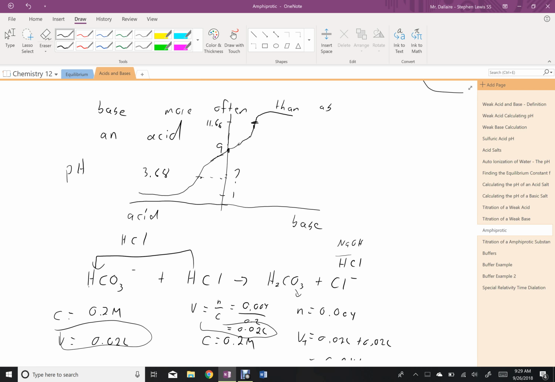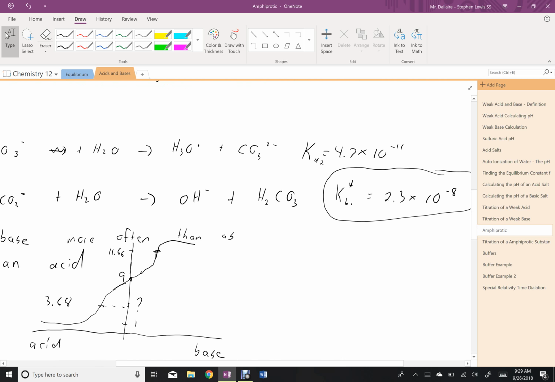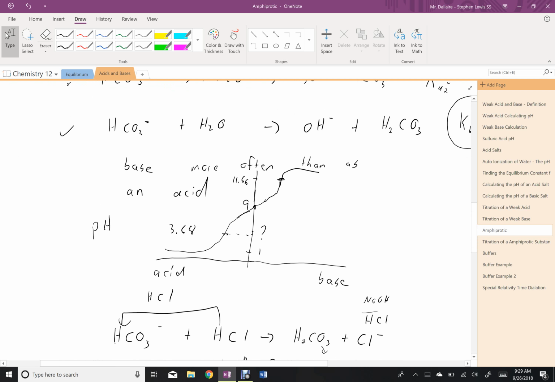What that means then is that because it's more comfortable acting as a base in the first place, it starts as a base. But we can titrate this in either direction. We can titrate it by adding a base, and we get an equivalence point around 11.66. And if we go the other way, if we push it with an acid to make it more acidic, we'll get an equivalence point around 3.68.